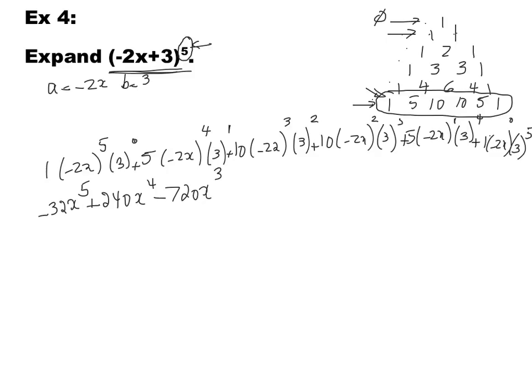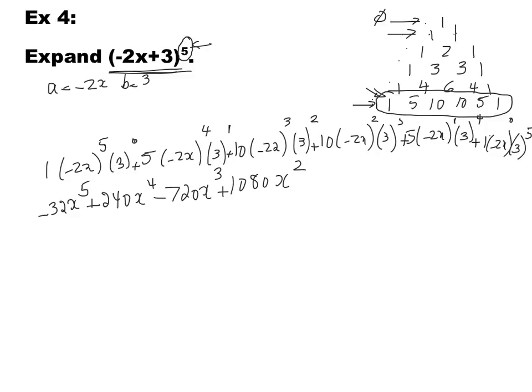And then 108 times 10 is 1080 x exponent 2.